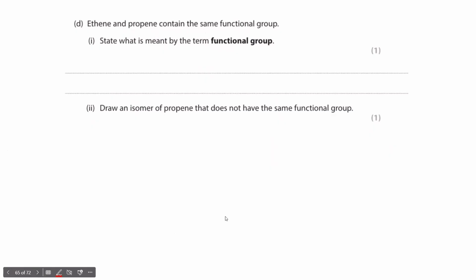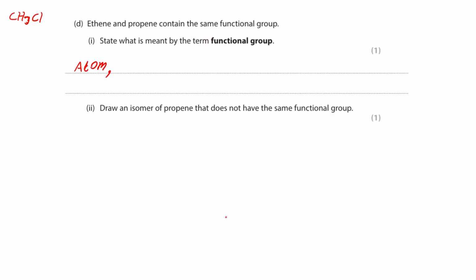Ethene and propene contain the same functional group. Yes, both are alkenes. State what is meant by the term functional group. Before that, how does the molecule CH3Cl become a halogenoalkane? Because of the chlorine atom, so it can be an atom.